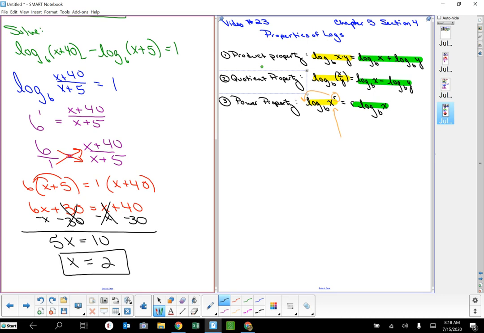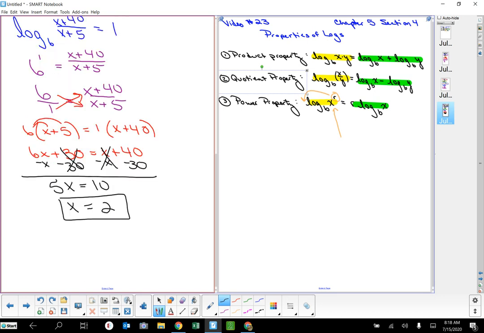Okay? So what that means, you could check this, by the way. The original, look at that. It's crazy when that happens. Okay, so the original was log base 6 of x plus 40 minus log base 6 of x plus 5. We're saying that equals 1.